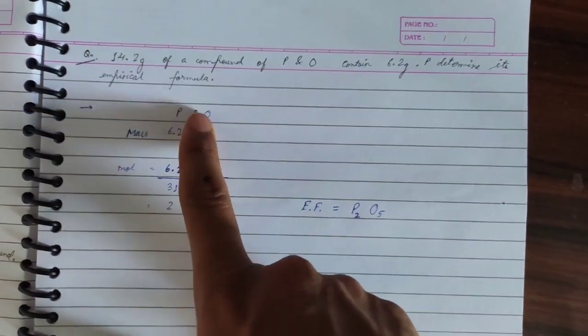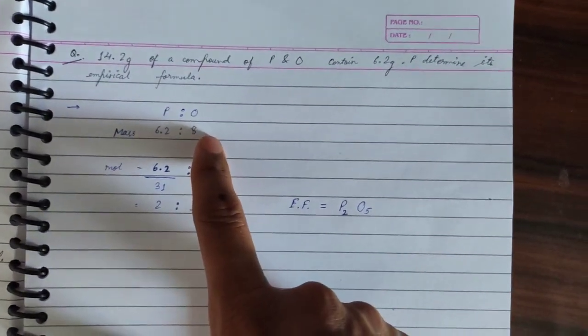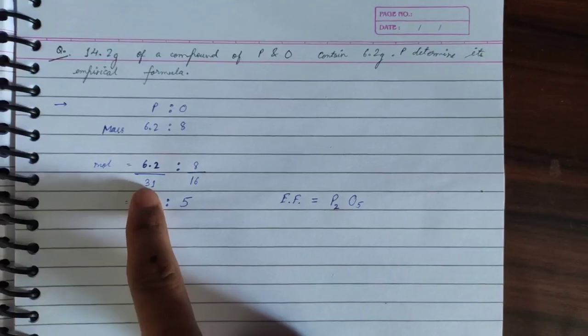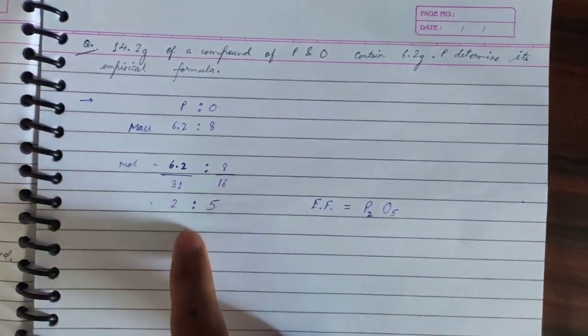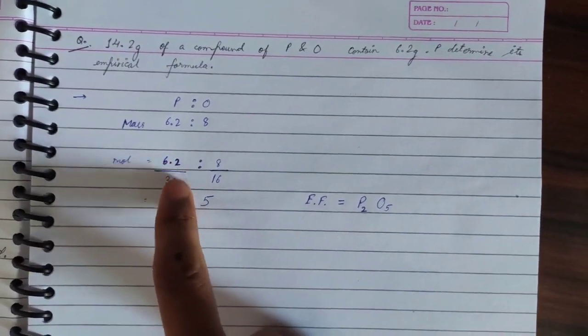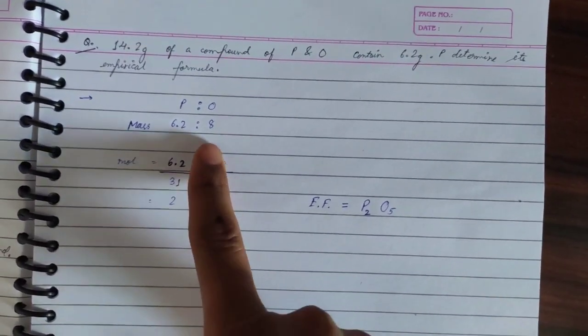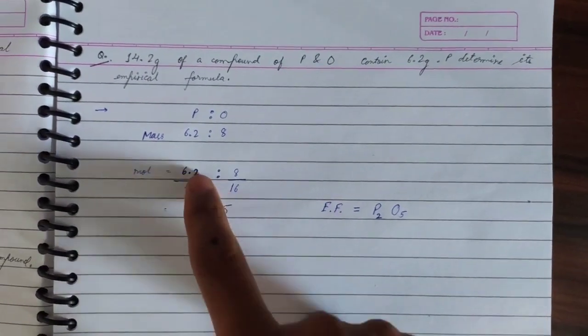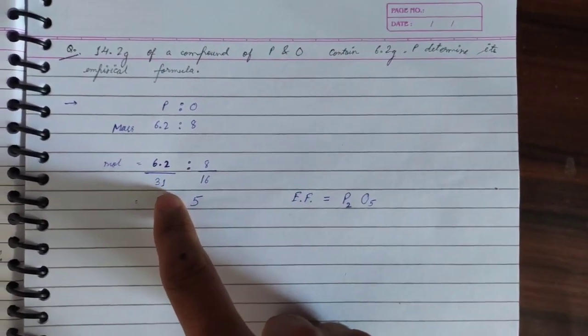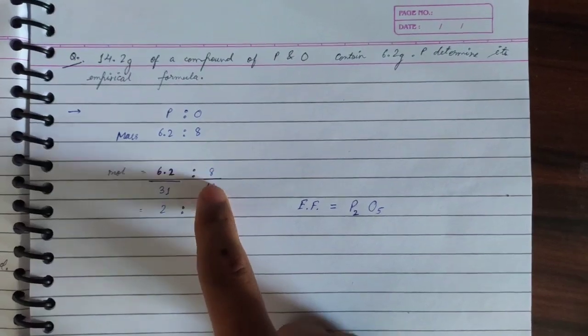So mass of phosphorus is 6.2 and oxygen is 8. Now moles: 6.2 by the mass of phosphorus atom, which is 31. So 6.2 upon 31 is to 8 upon the mass of oxygen, which is 16.